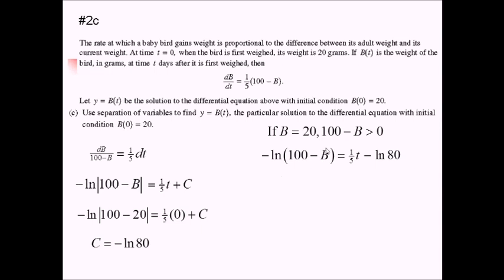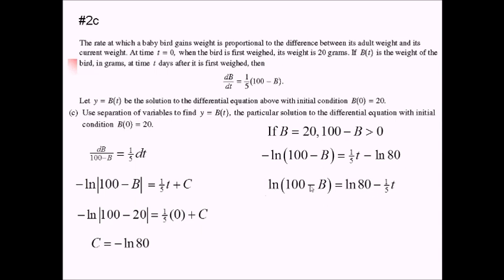At this point, I need to isolate b. So my first step, I'm going to multiply everything by -1. So that's ln of 100 minus b equals negative 1/5 t and a positive ln of 80. And I'll just basically reverse the order they're being subtracted in to represent that. Next, to get rid of ln, I need to raise e to both sides.